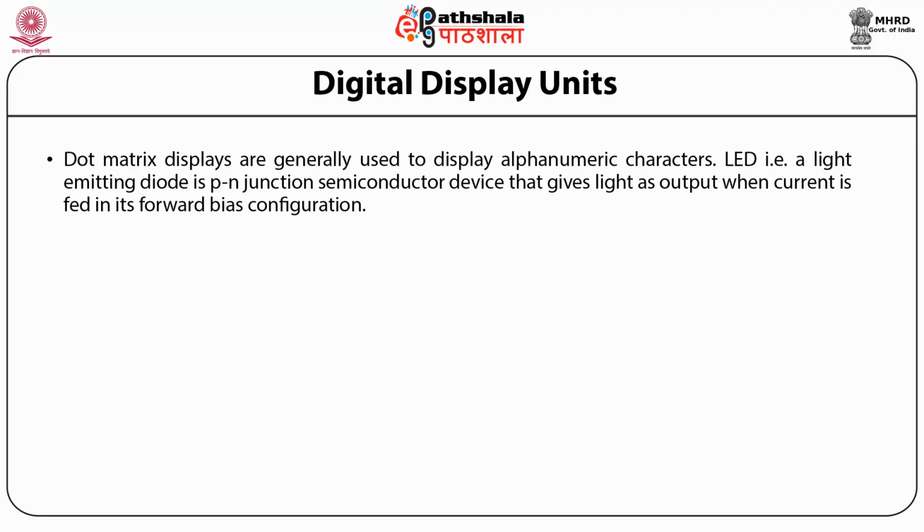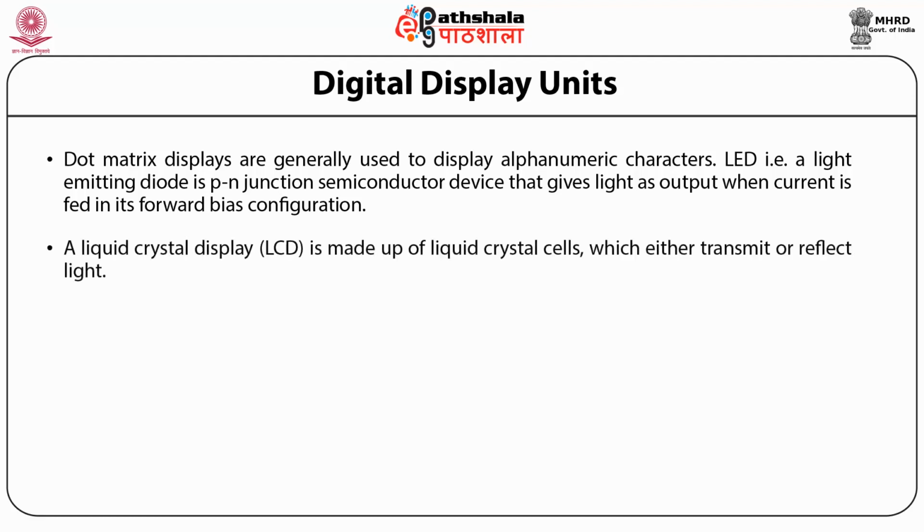An LED, that is a light emitting diode, is a PN junction semiconductor device that gives light as output when current is fed in its forward bias configuration. A liquid crystal display, an LCD, is made up of liquid crystal cells which either transmit or reflect light.